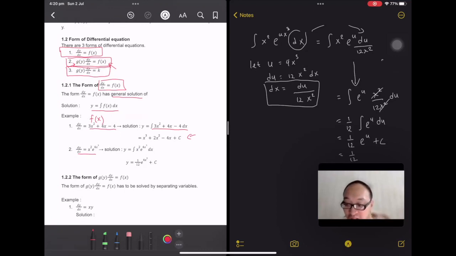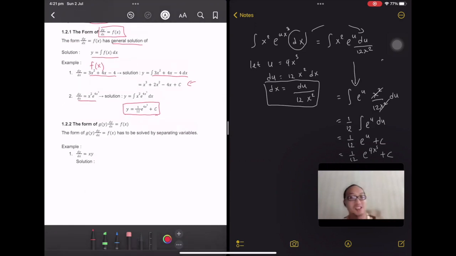So 1 over 12 e to the power of, replacing back, 4x cubed plus c. So the solution of the differential equation is 1 over 12 e to the power of 4x cubed plus c. That's the first form. The first form is very simple because we did this during integration.